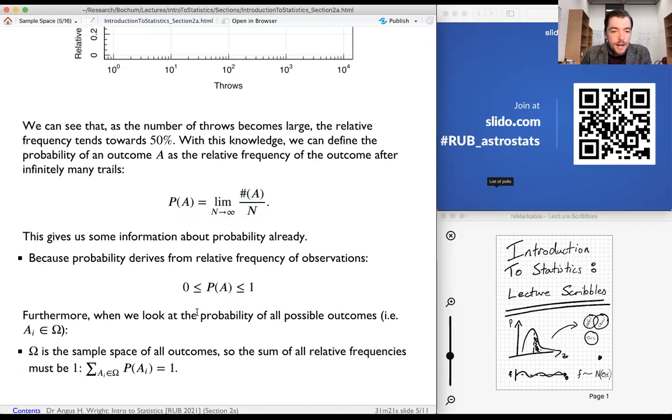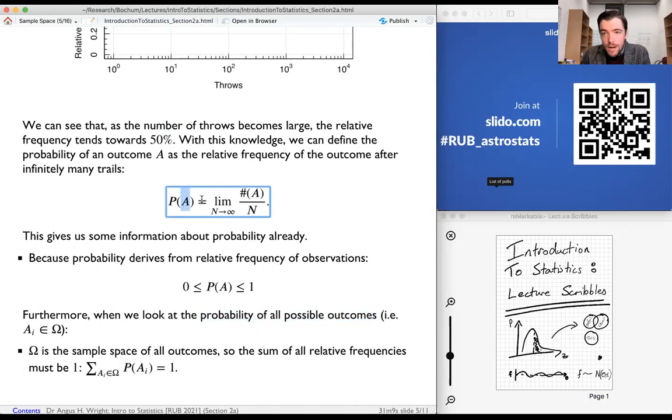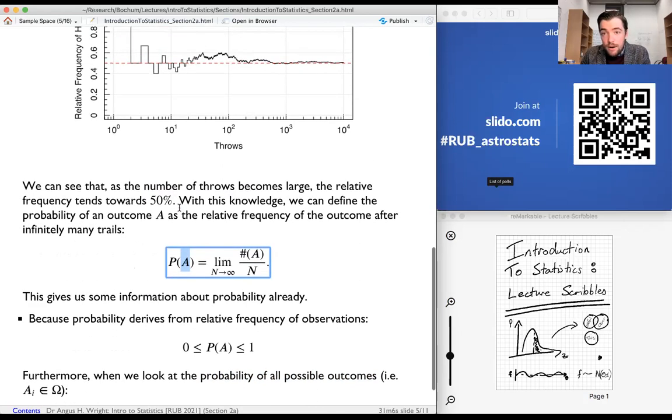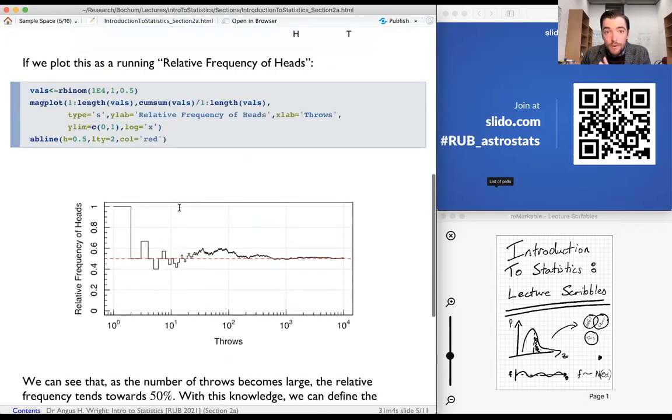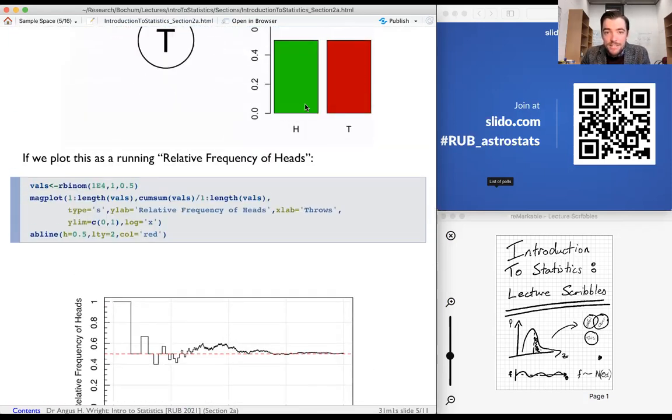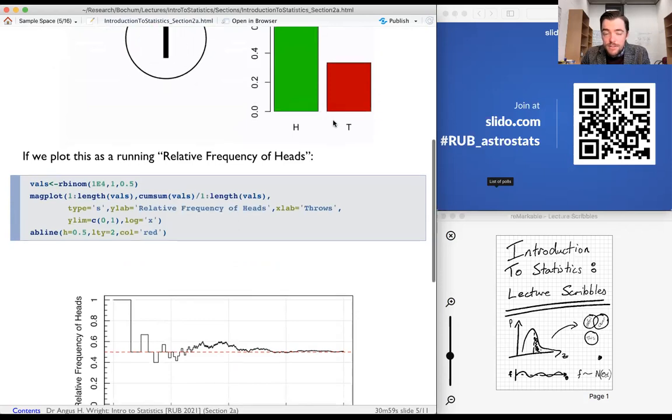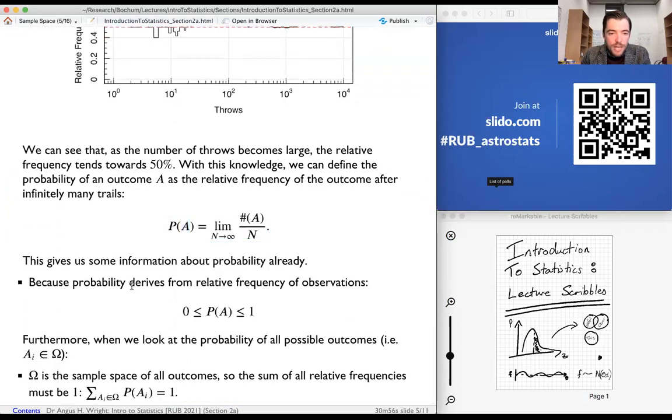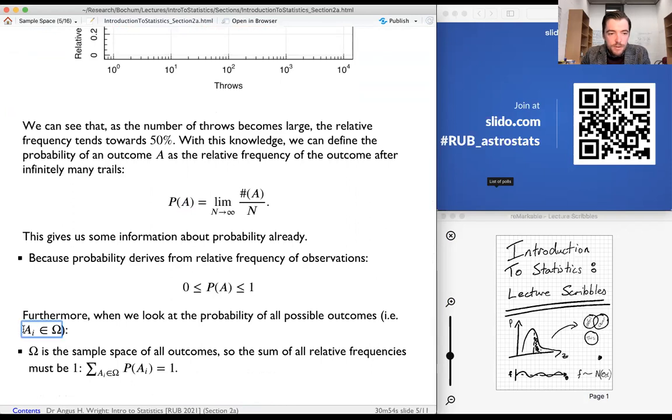The next thing that we can identify is the probability of all possible outcomes. So the probability of A1, A2, A3, A4, A5, or in our coin tossing lingo, the probability of heads and the probability of tails. So the probability of all possible outcomes, so that the outcome A is an element of the full outcome space, the full sample space.